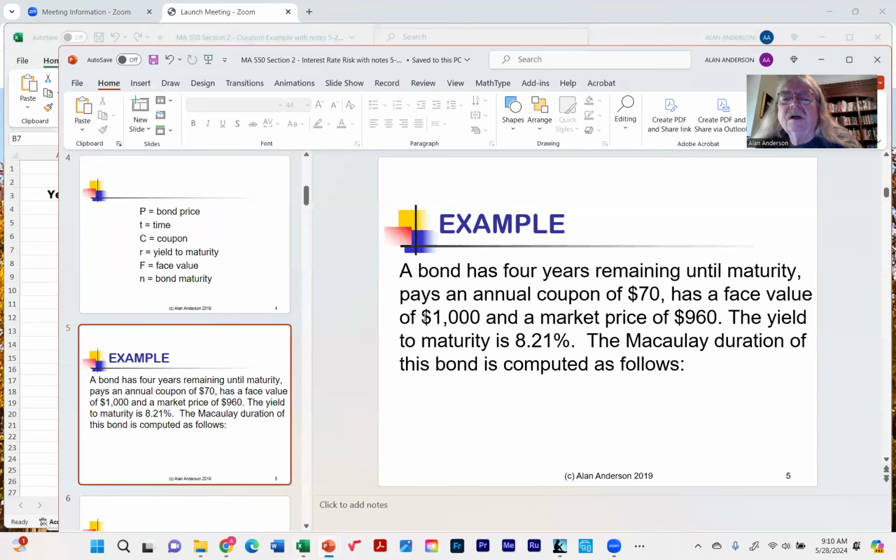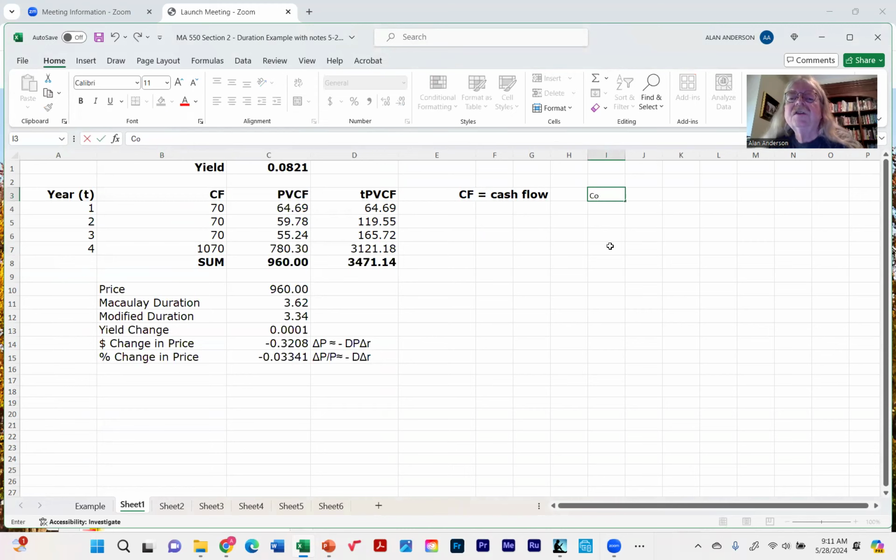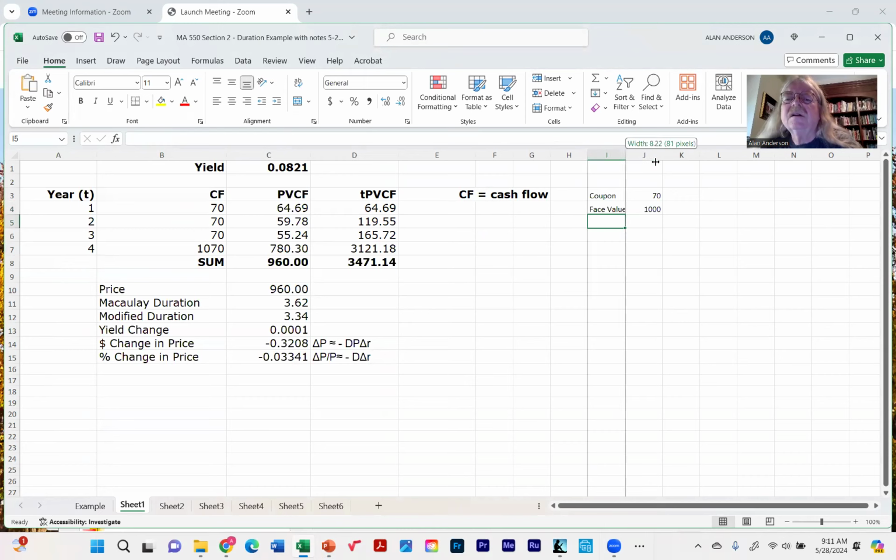What else do we need to know? Face value is 1,000. Let me put this over here, just to summarize everything, just so you can see exactly what's going on here.